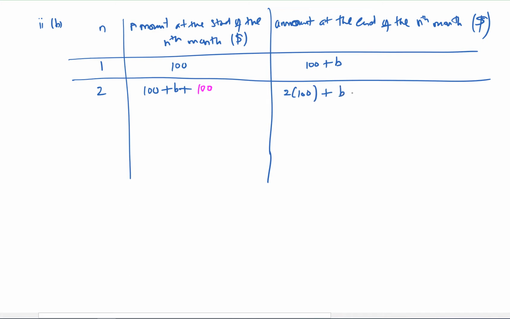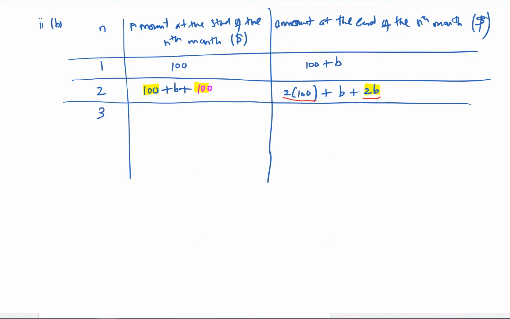Now, because you have two $100, you have a bonus of 2B. At the end of the second month, you get this bonus because your capital was two $100.